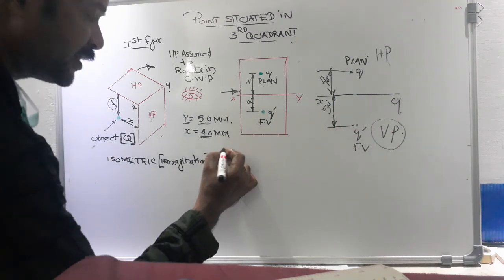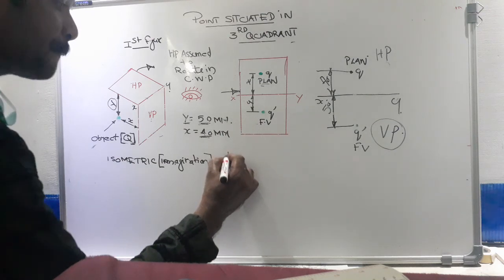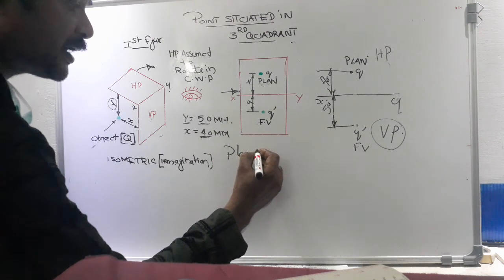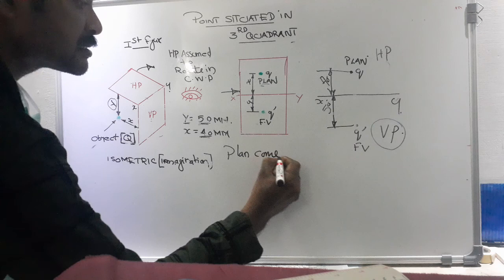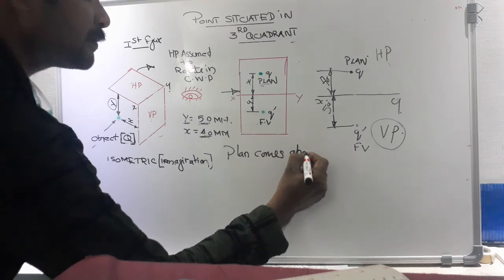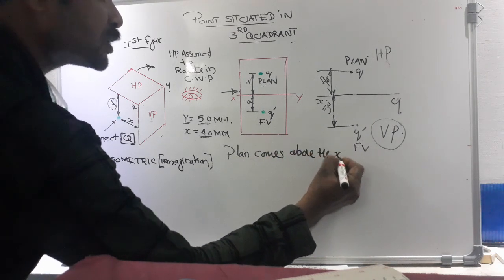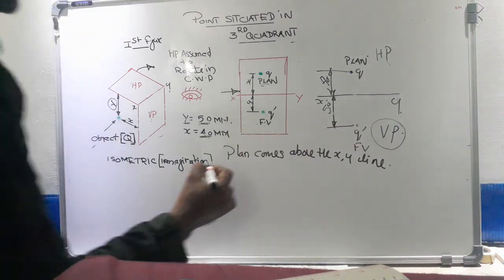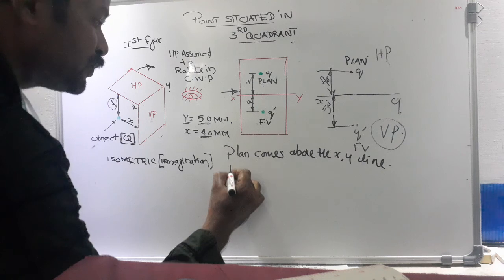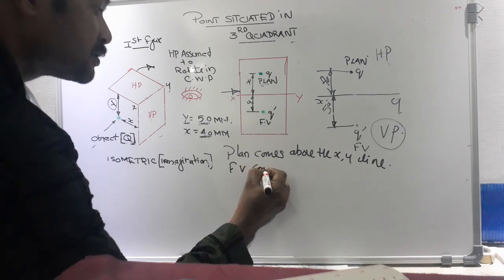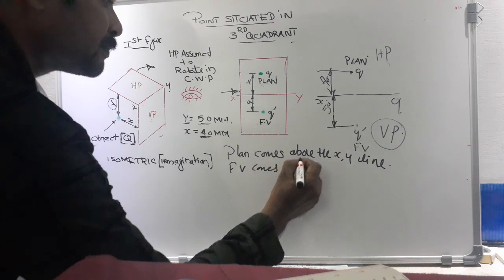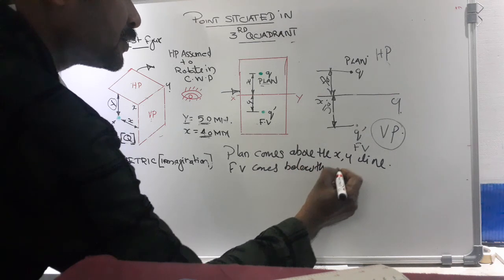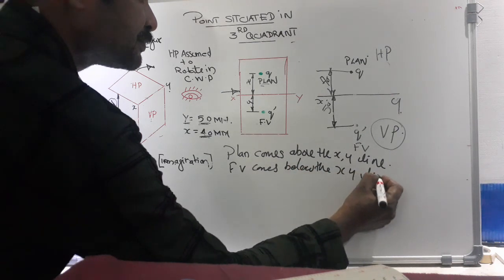That means in the case of third angle projection, the plan definitely comes above the XY line and the front view comes below the XY line.